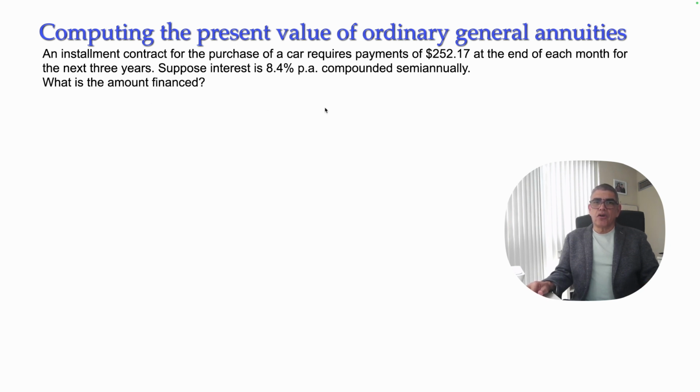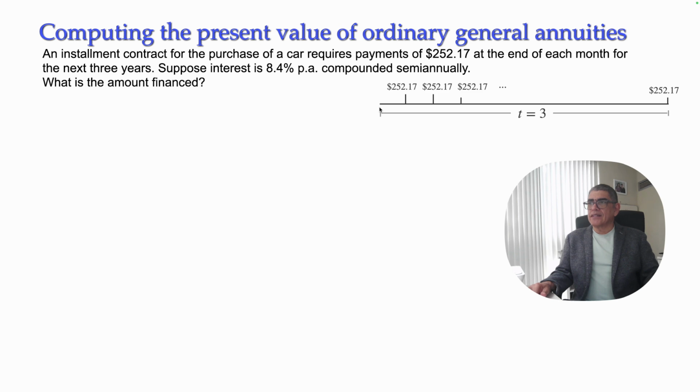So if we see this problem in time, in 3 years we are going to be paying every month 252.17. So it looks like this. Because what we want to compute is the amount financed, and the amount financed is always at the beginning of the annuity.